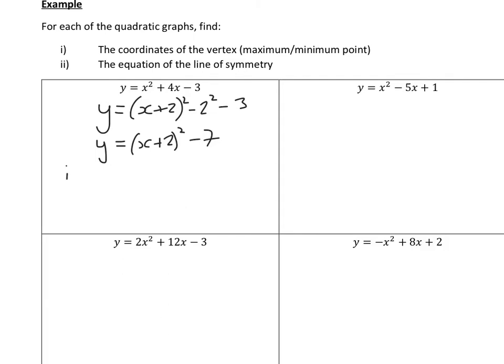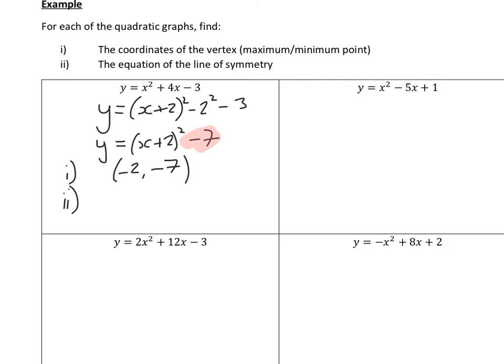So my vertex, I would change the sign of the x, so I get minus 2, and because it's just a transformation really, because the minimum is normally 0, 0, I've translated it by 2 to the left, and this minus 7 here I would take to the other side, so it becomes y plus 7, and then I do the opposite for y, so I would get minus 7. So it essentially stays the same. The minimum value is minus 7, and it happens when that bracket is 0, so when x is -2.